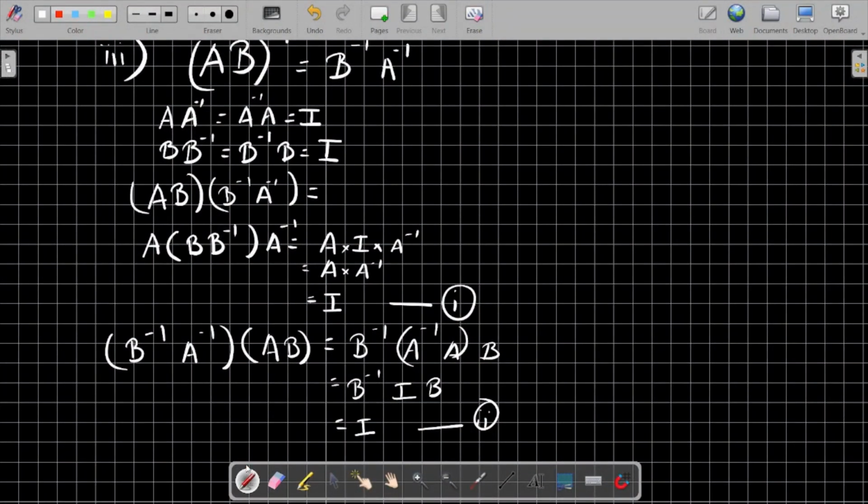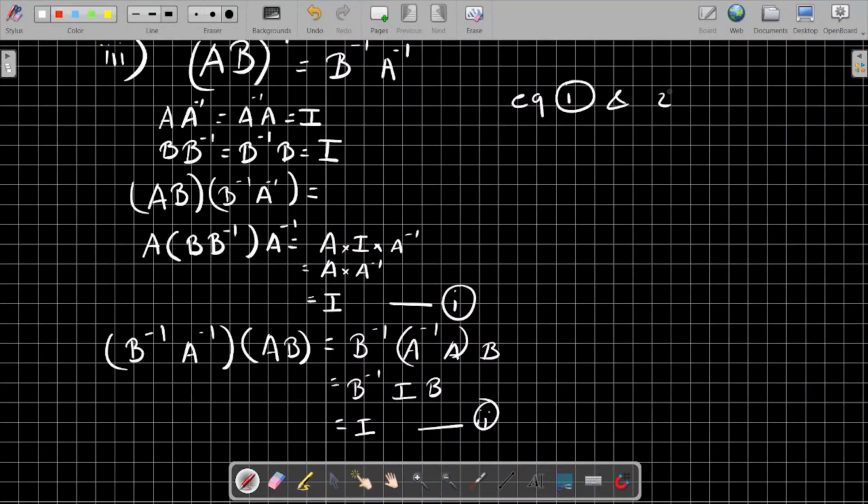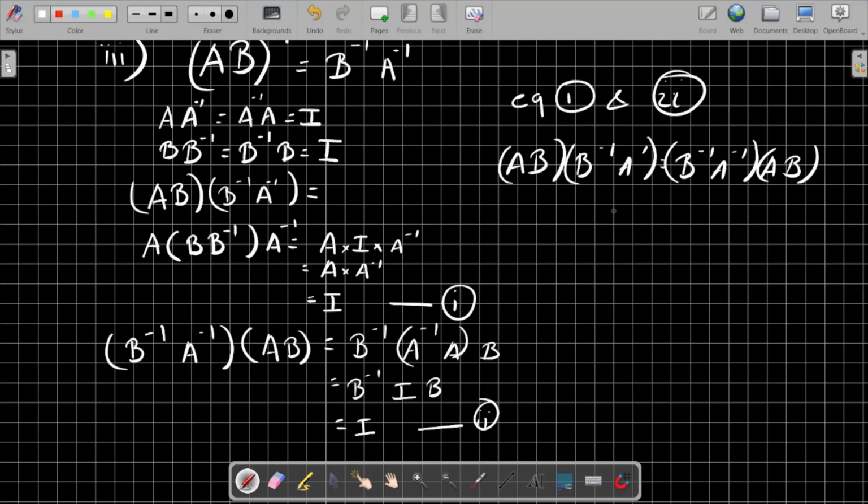And using equation 1 and 2, what we can say is AB into B inverse A inverse is equal to B inverse A inverse into AB, and this whole term is equal to the identity matrix.